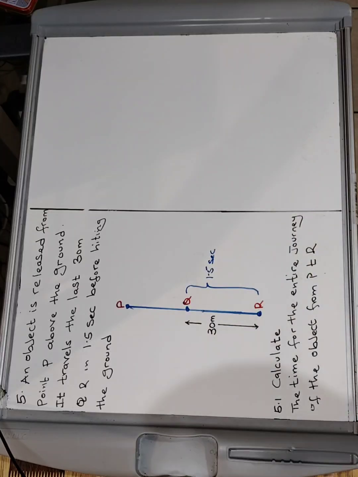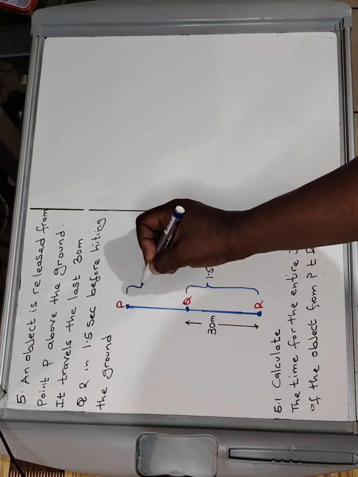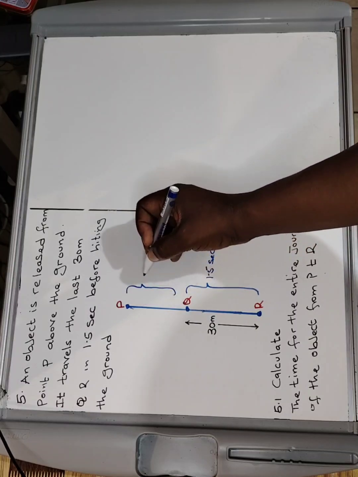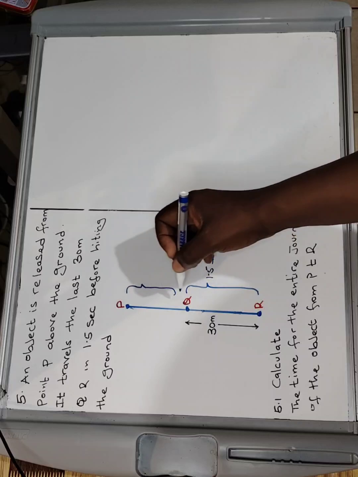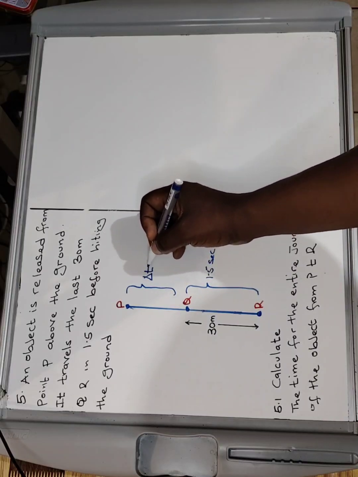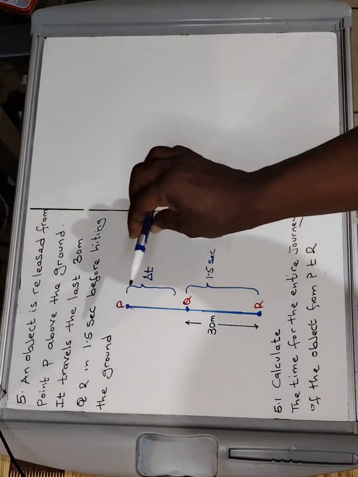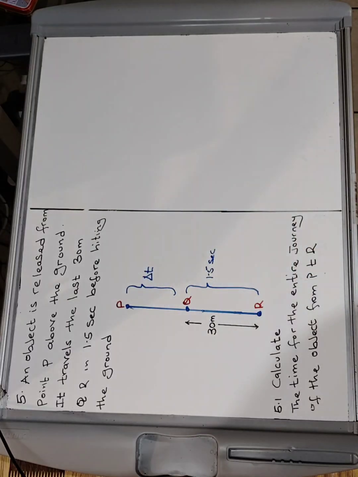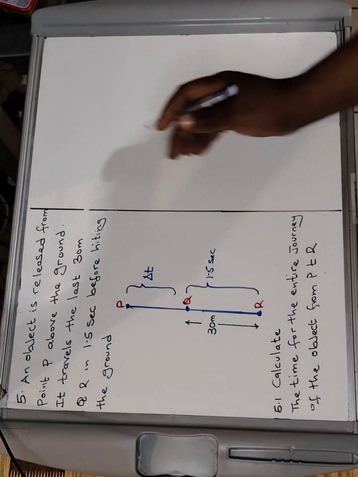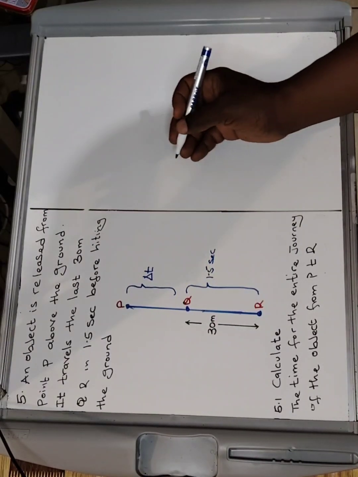So what is our approach on this one? We are going to assess the upper side, from P to Q, and get that delta T. Now when we get this delta T and add it to 1.5, we will be getting the time for the entire journey. So let us look at the information for that journey. What do we know?